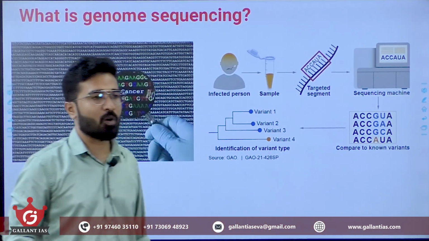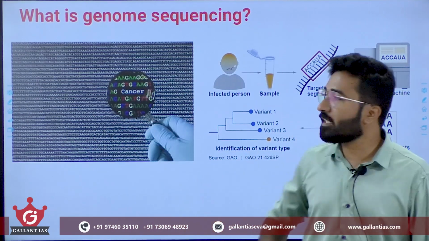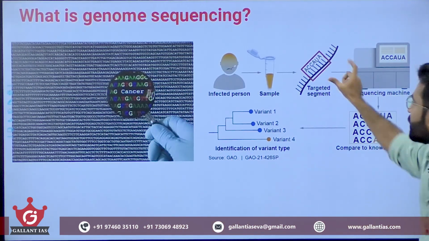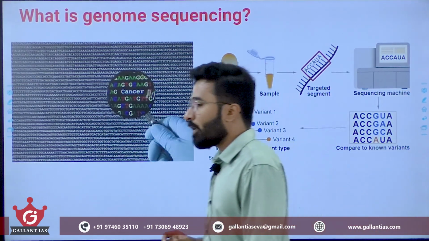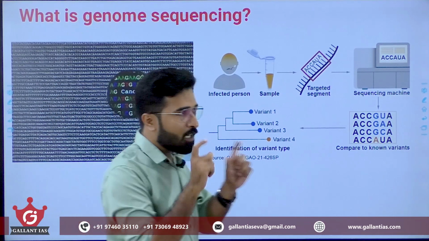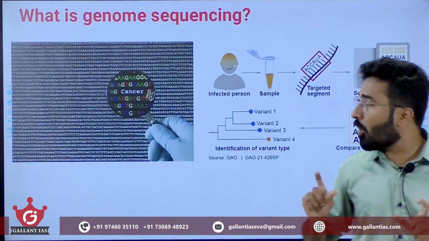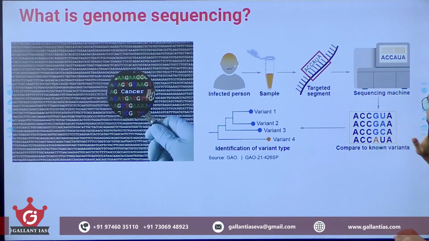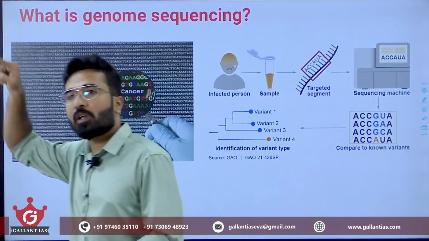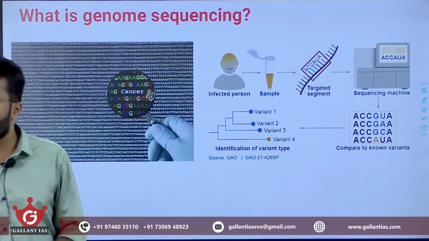Now in 2023 they will compare the virus sample obtained from this person's body with the 2003 virus sample. They'll cross match, and if all the order is the same, that means both are the same virus. So the vaccine which was developed for the 2003 SARS could be used now for this virus as well.